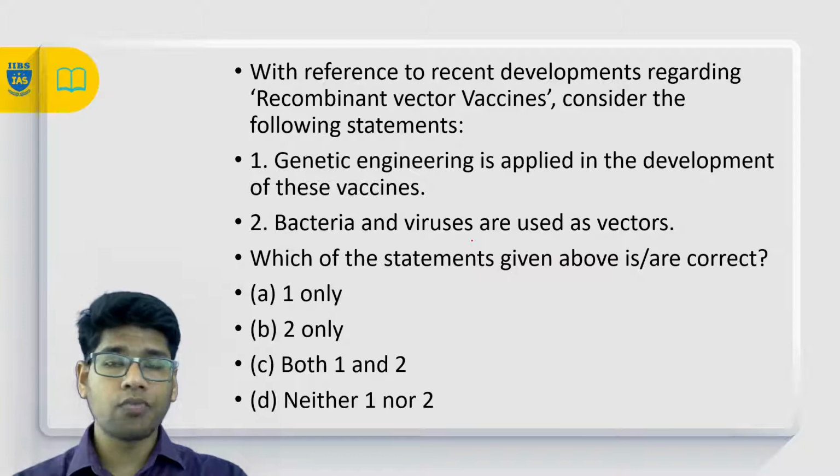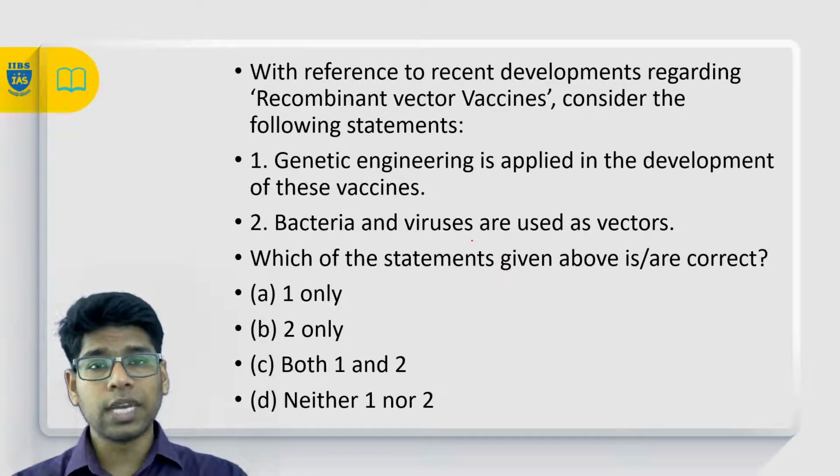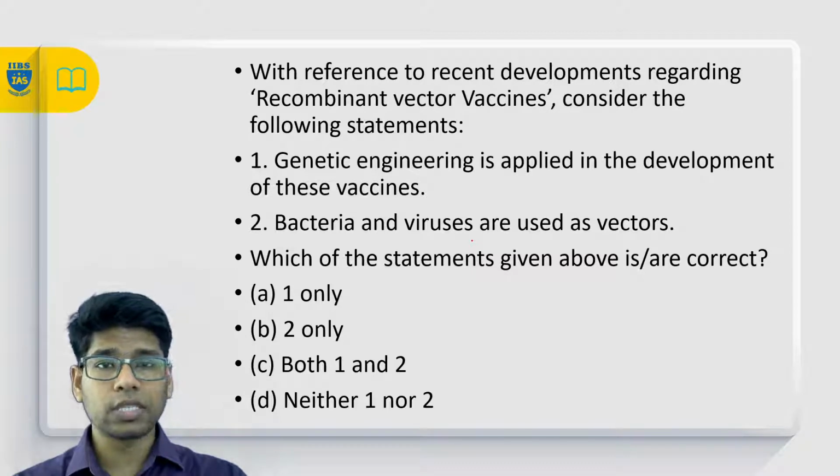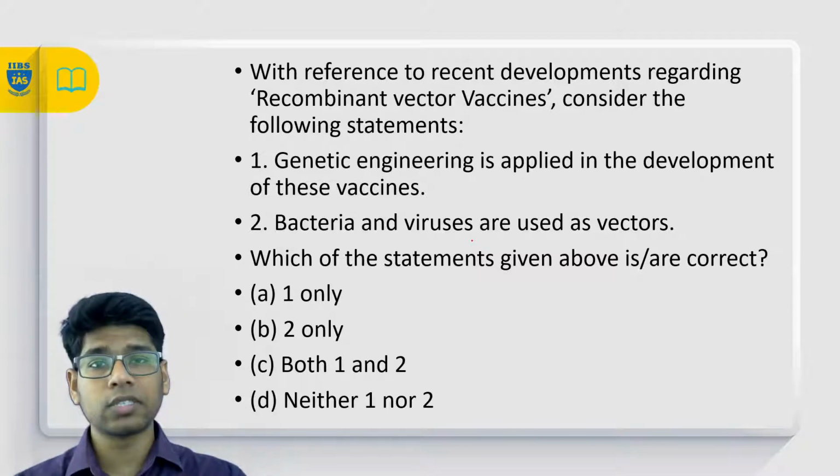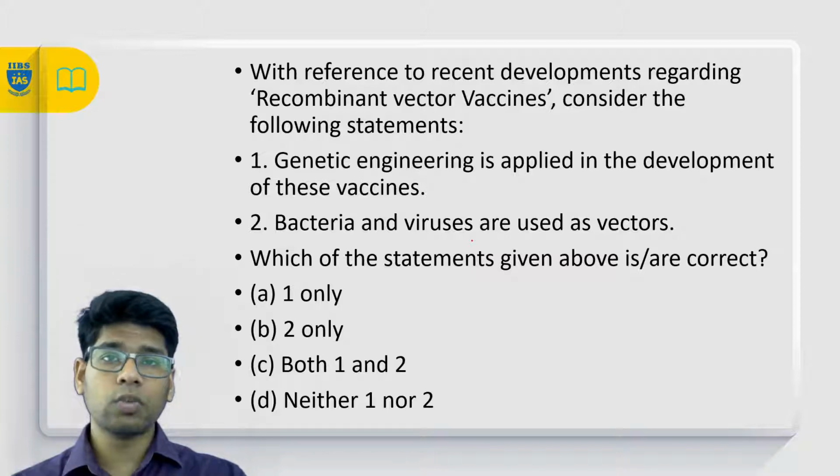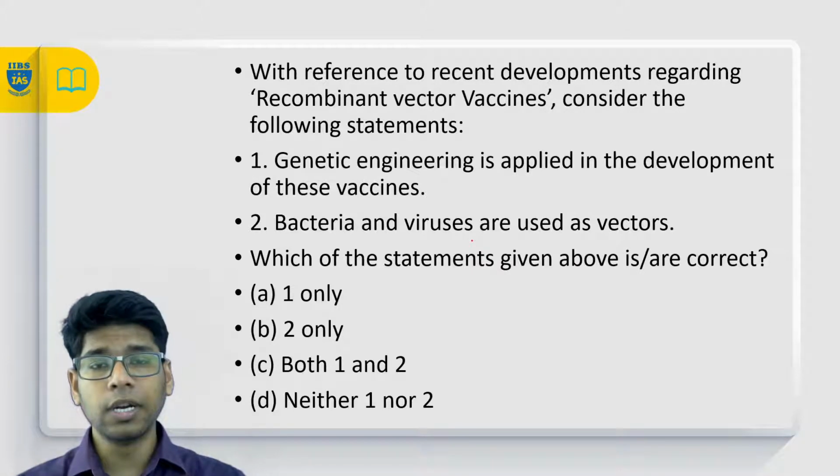We have different types of vaccines available: heat attenuated vaccines, inactivated vaccines, subunit vaccines, toxoid vaccines, recombinant vaccines, and DNA vaccines. These are the wide array of vaccines that are available.